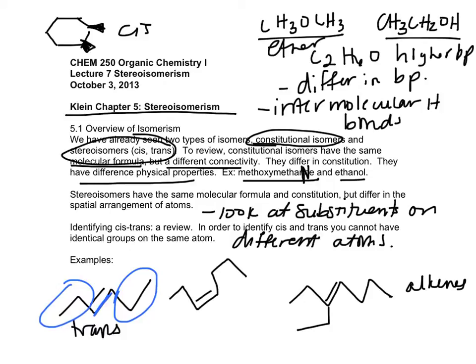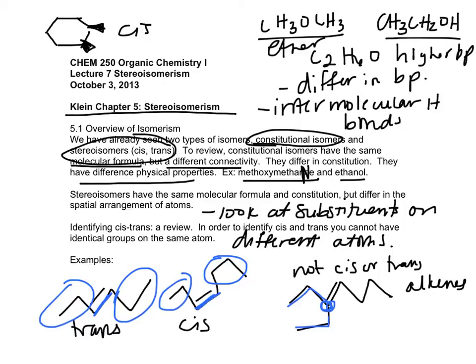The next double bond is cis. The substituents are on the same side of the double bond. The last alkene is not cis or trans because there are ethyl groups coming off of the same carbon.